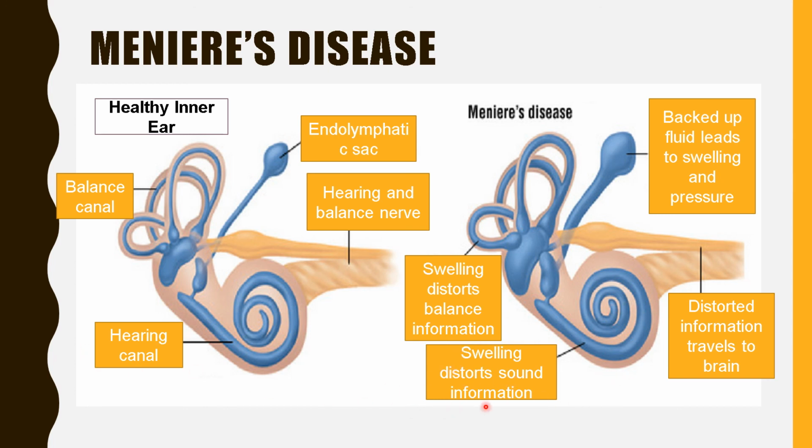The swelling distorts the sound information, and distorted information travels to the brain. Because of this, there is ringing in the ears or tinnitus in both ears. There could be hearing loss in some cases, with a feeling of nausea. That's all.